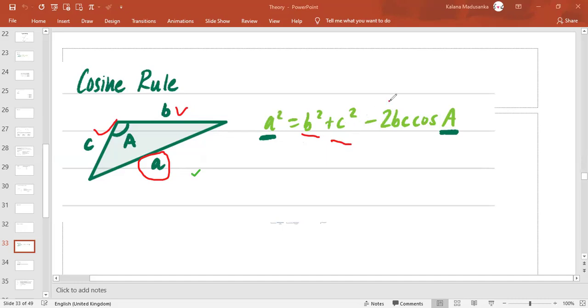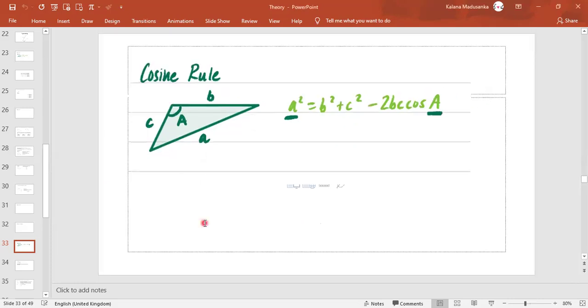Then there's a minus term with another multiplication: 2 times the known sides, 2 times bc multiplied by cos of the angle. Right. So let's go to the other equations as well. I think you can find out more interesting.